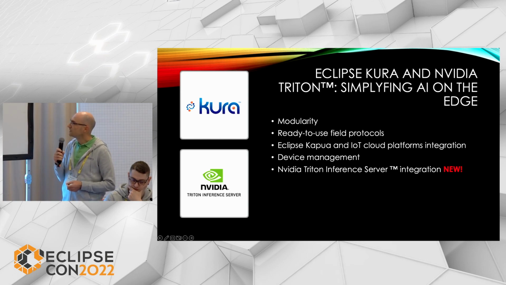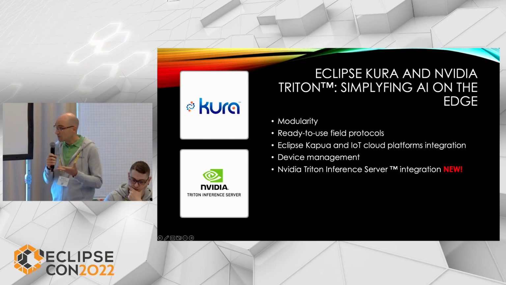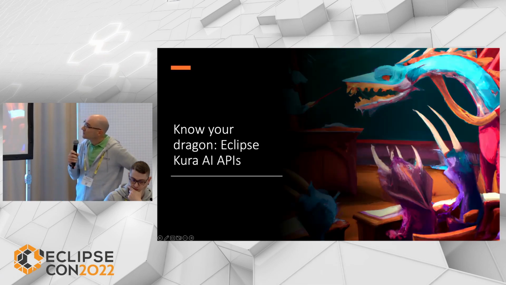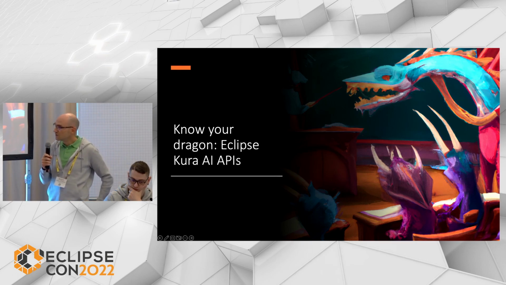And finally, the new integration with the Nvidia Triton Inference Server can enable Eclipse Kura to manage AI models too. So let's take a look at the new APIs for managing AI on Eclipse Kura.